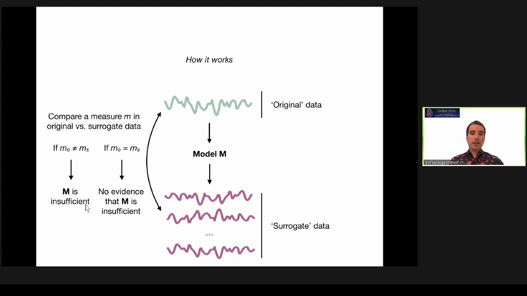On the contrary, if M_O is equal to M_S, then it just means that there is no evidence that big M is insufficient to represent the original data. So in practice, it means that we will go for this model. So this is conceptually quite easy, but you will see that there are some intricacies that need to be paid attention to when interpreting the results.